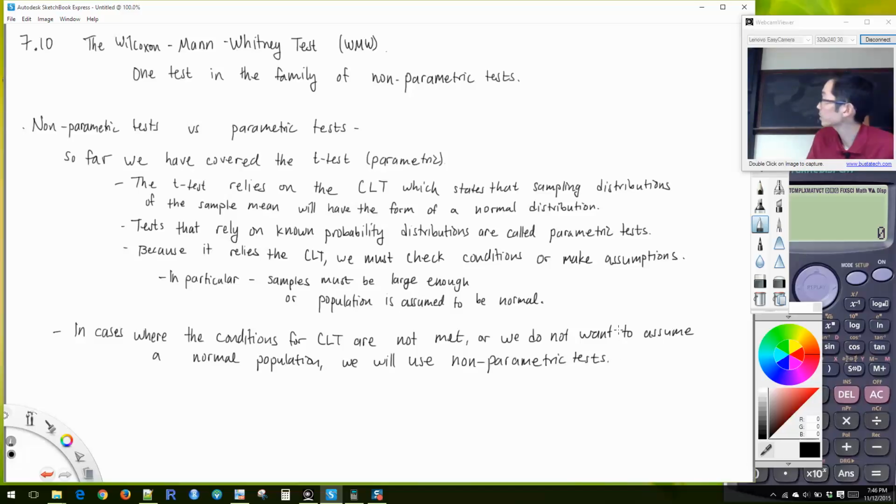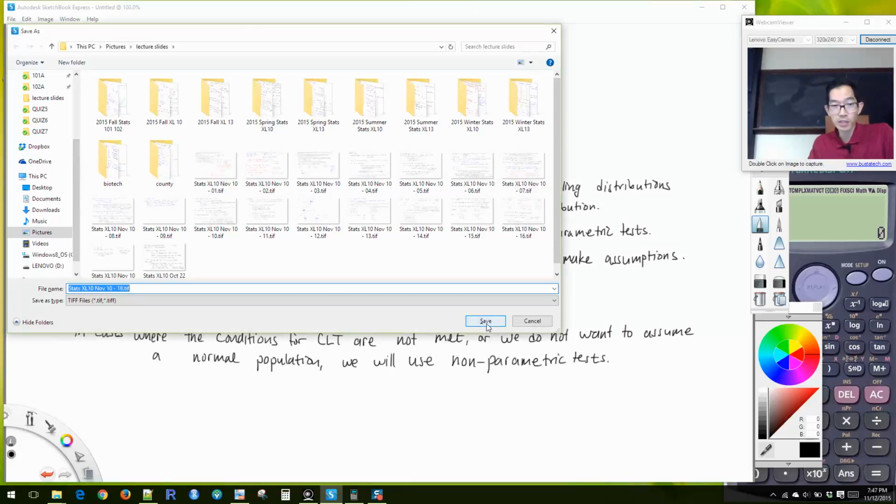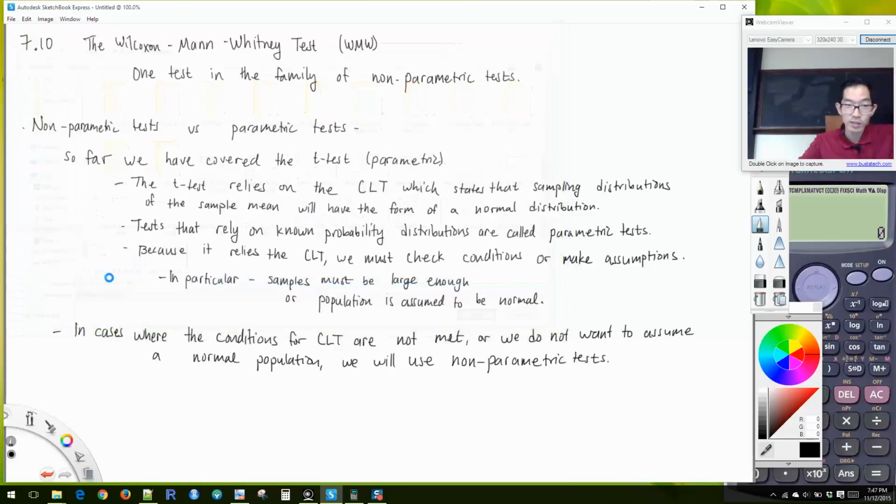And so there's actually an entire field within statistics called nonparametric statistics. You can take an entire course on nonparametric statistics. But in this class, the Wilcoxon-Mann-Whitney test will be our only exposure to nonparametric statistics. And we're probably going to spend maybe half an hour on it, okay?